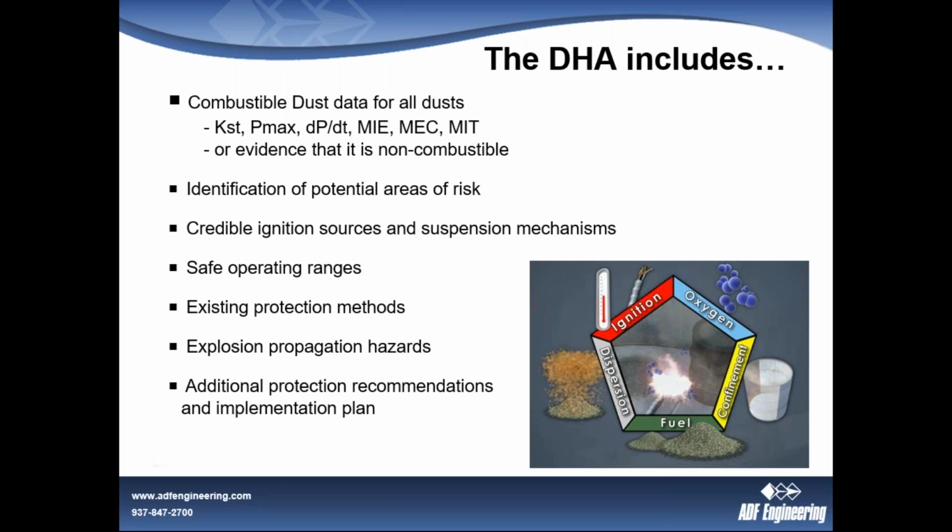However, once you find that your dust has a KST value, the first value that you would test, now you know that you are dealing with a potentially combustible dust, and you have to put the DHA in place for that dust. So I described here a number of tests that we would recommend.